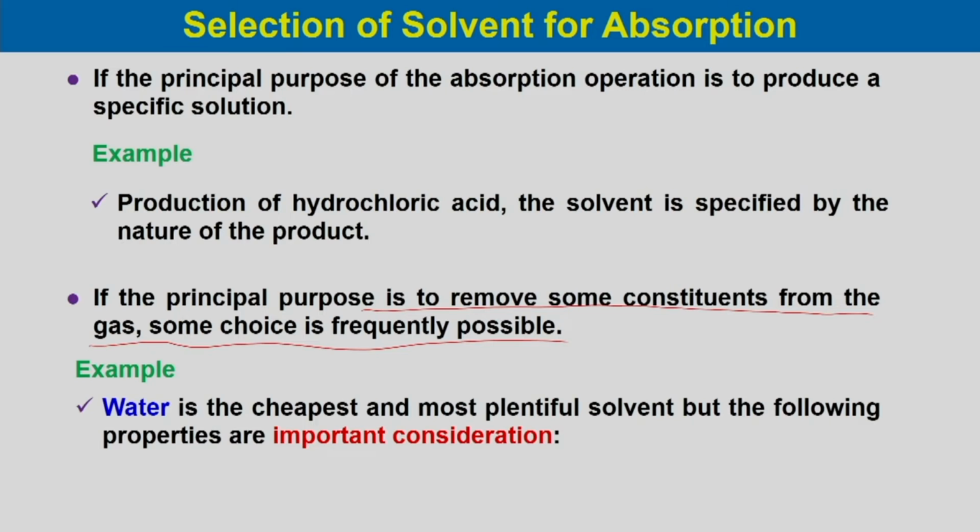Although water is the cheapest and available in plenty, the properties of water may not be suitable for all applications. So, the important characteristics required for selection of a solvent, where we need to separate the mixture of constituents, need to be considered.